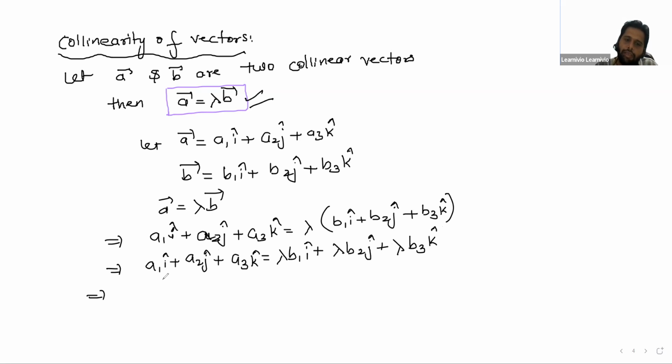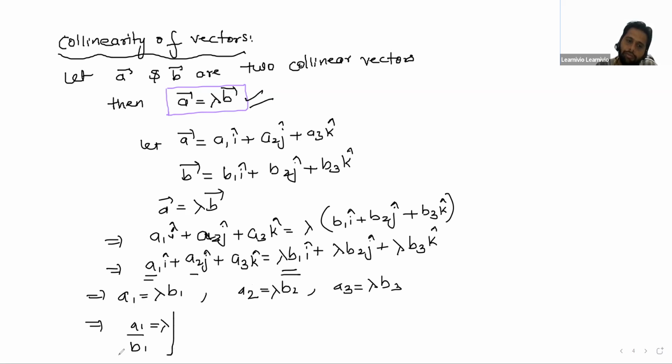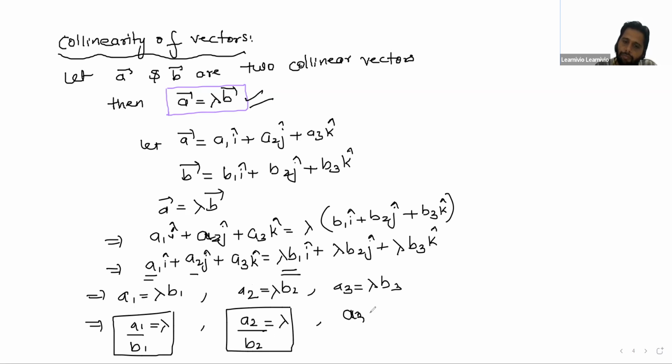Now here compare this A1 with this, because for the i component, we will equate i with i. So A1 is equal to lambda B1. Similarly, A2 is equal to lambda B2. And similarly, A3 is equal to lambda B3. So here you will get A1 by B1 is equal to lambda, A2 by B2 is equal to lambda, and A3 by B3 is equal to lambda.